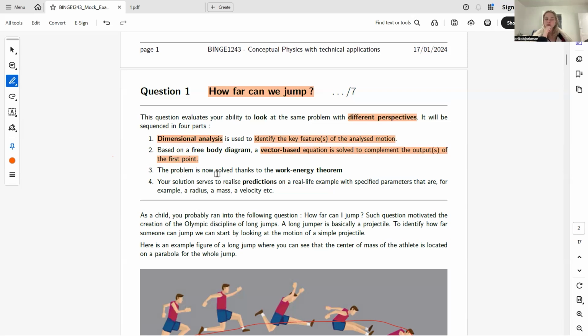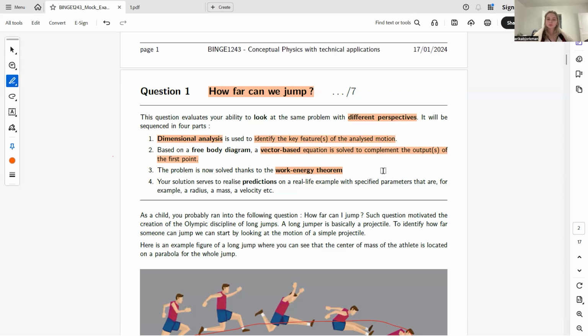Okay, third part, the problem is now solved thanks to the work energy theorem. The new thing that we need to bring together with projectile motion is the work energy theorem. In the previous lessons we discussed projectile motion, but we did not combine the work energy theorem with it, and we did not discuss the energy of a moving projectile.